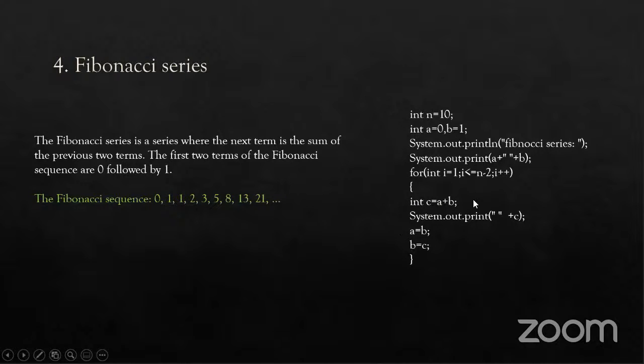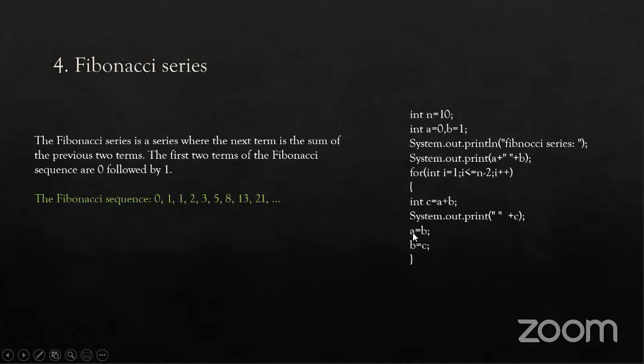1 will be stored in c, and inside that loop itself, we are printing c. So we will get the output 0, 1, 1, right? And we are swapping the numbers. For the next term, we need to add the previous two terms, right?